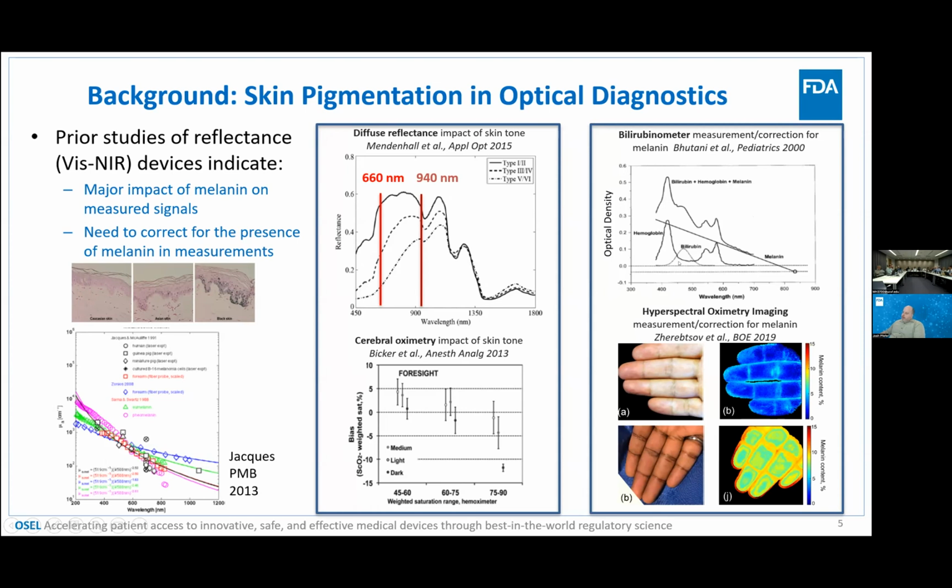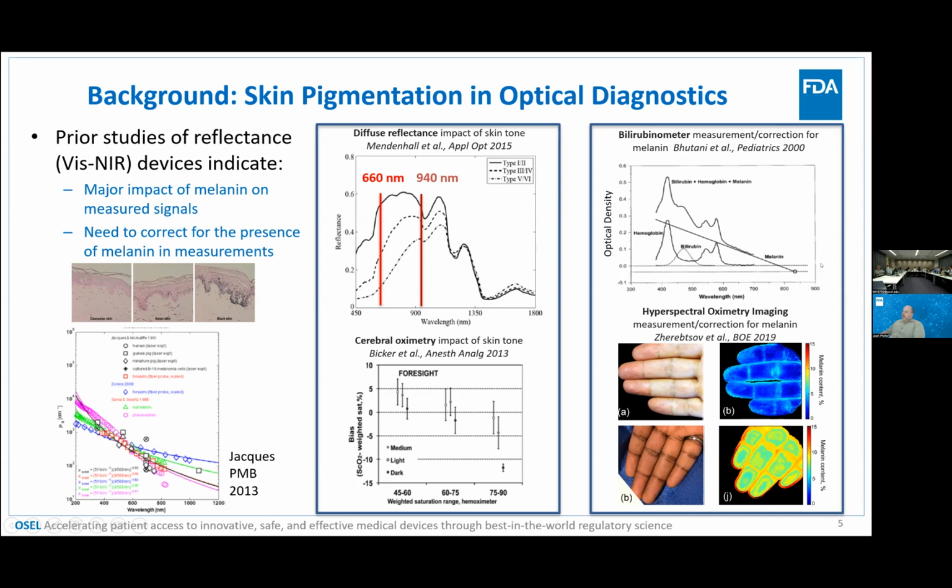This is actually not a very unusual approach, this kind of spectral decomposition, where if you have multiple absorbers and you know a priori what their distribution looks like, you can extract each one of them or identify the relative magnitude of the contribution from each. This can be done for melanin, and you can essentially remove this slope effect and get at the hemoglobin and bilirubin content more directly.